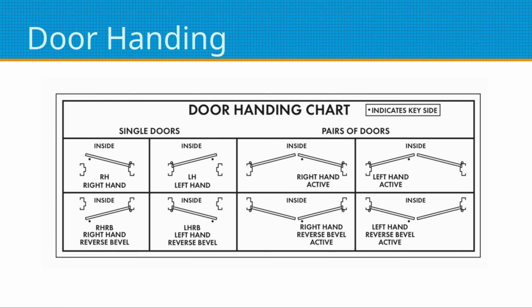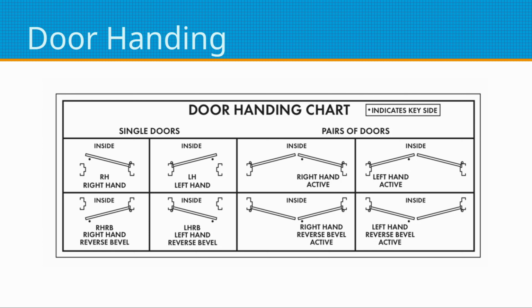When the door swings out, which is more common in a commercial environment, that's where you get a reverse. In that case, the right-hand reverse swings more like how a left hand does, but it still is considered a right-hand reverse because of where the hinges are. And the same is true for a left-hand reverse.